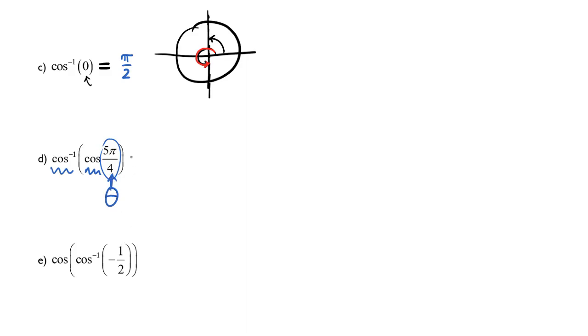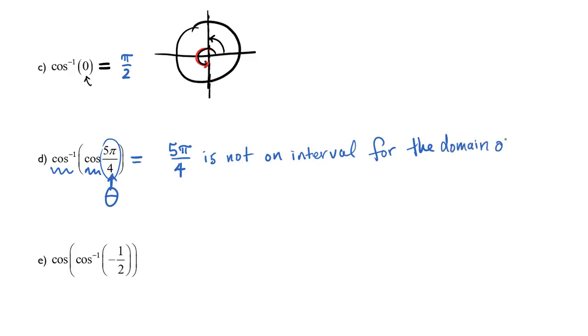That gives me 5 pi over 4, but 5 pi over 4 is not on the interval for the domain of cosine, because remember we've restricted the domain from 0 to pi.